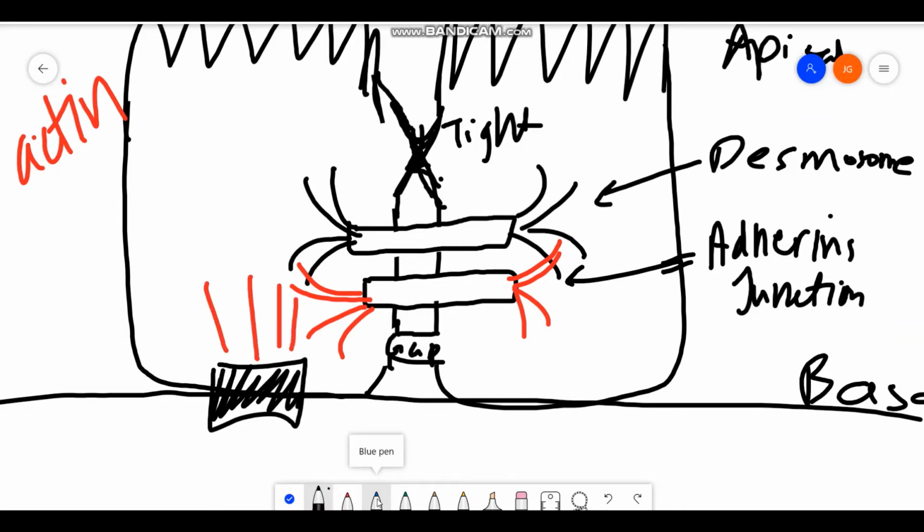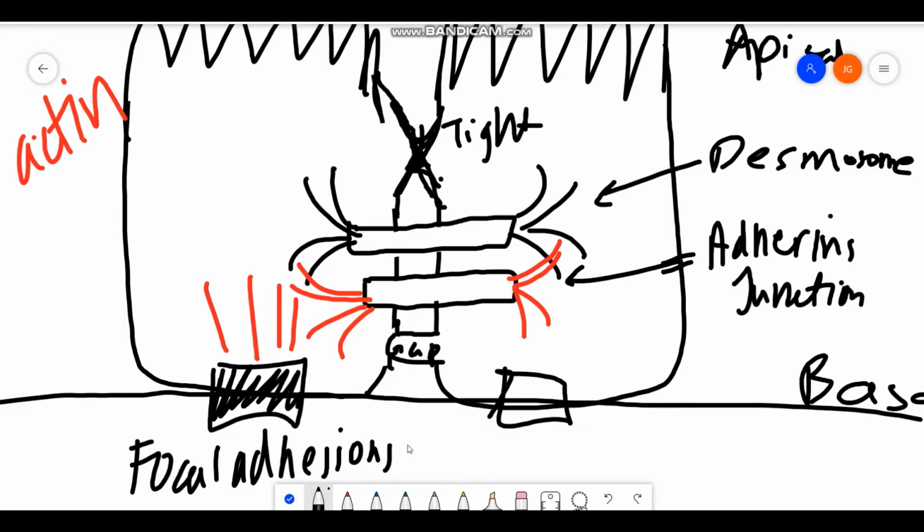Actin. These are your focal adhesions. Sorry. And over here, we're going to have our hemidesmosomes.